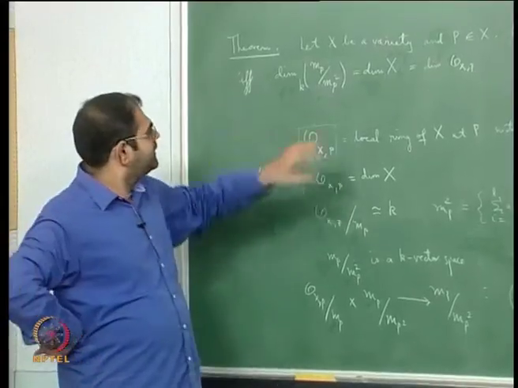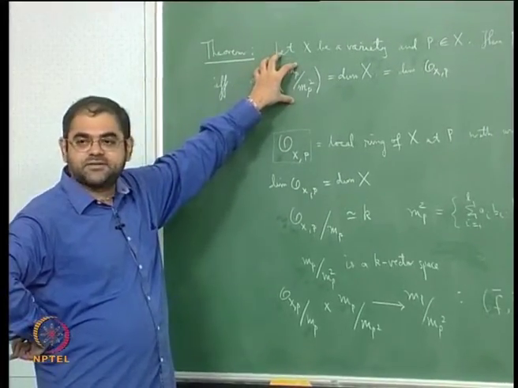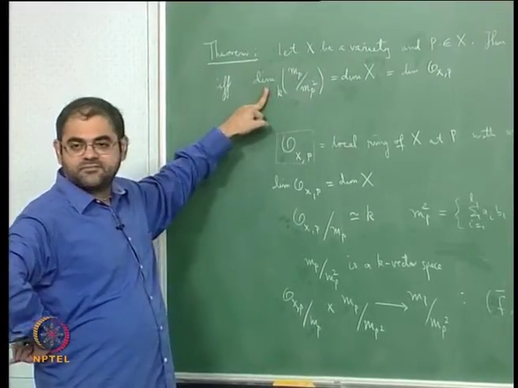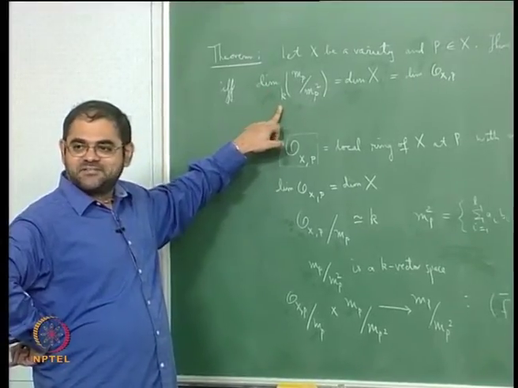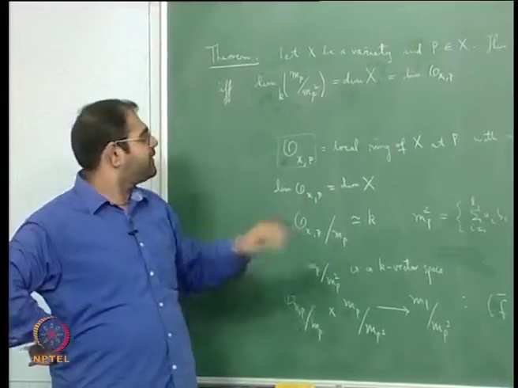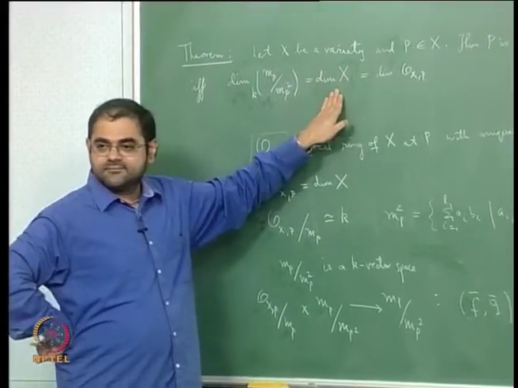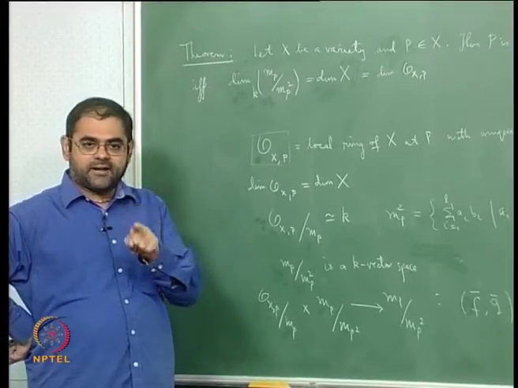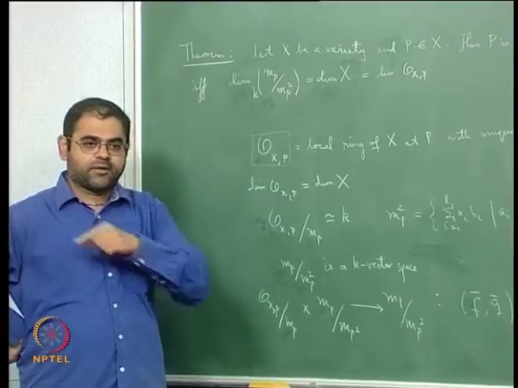So this quantity is actually the dimension of the tangent space at the point P. The dimension of M mod M squared over K actually measures the dimension of the tangent space to the variety X at the point P, and what normally will happen is that this will be more than this, as we saw in those examples of a cone and a line and a curve with a kink at a point.